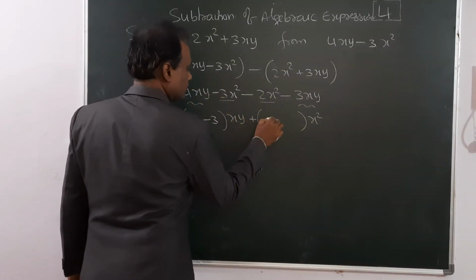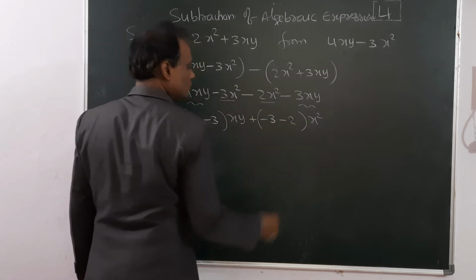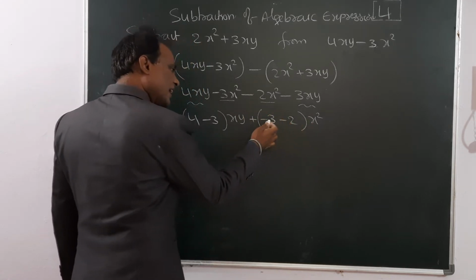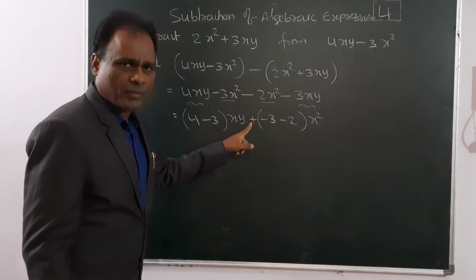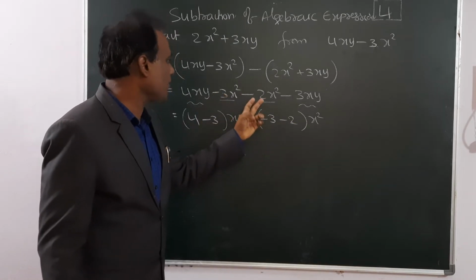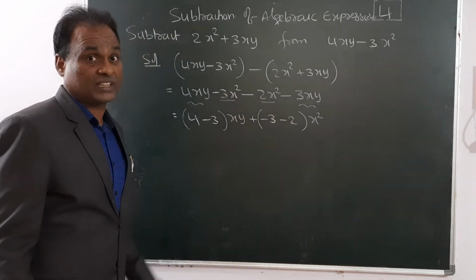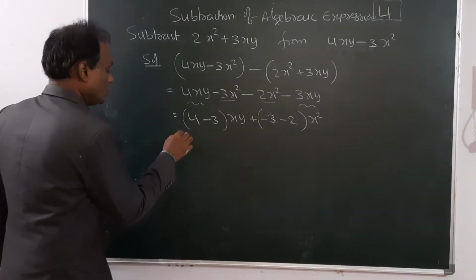Minus 3, minus 2. Or you can take minus also common, or if you take only x square common, minus 3 will remain, minus 2 will remain. Be careful with the signs.